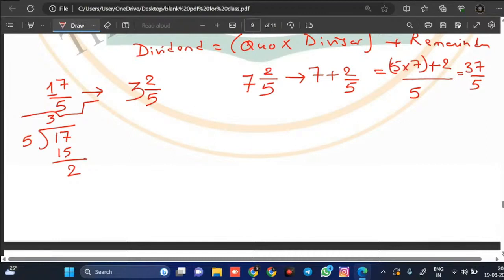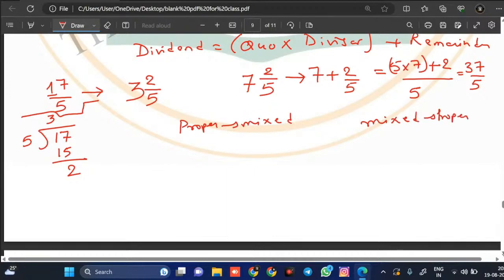If you want to practice, I will give you a few questions you can do at home. For converting proper fraction to mixed, I will give 3-4 questions, and mixed to proper, 3-4 questions.